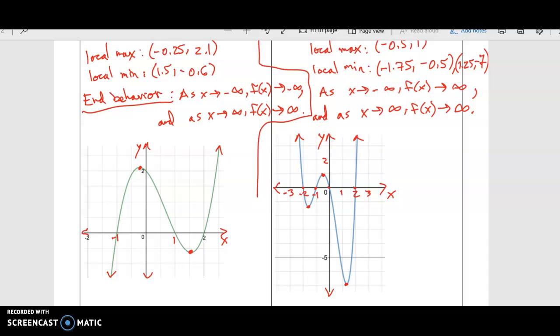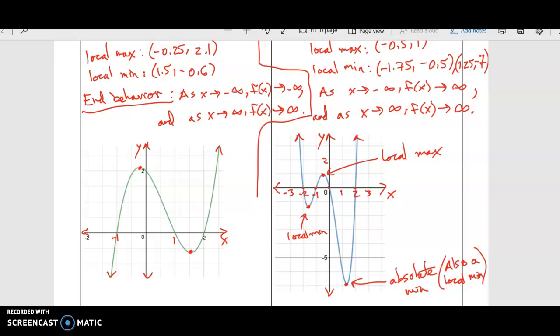Now, we talked about local extrema, so that's a local min. That's a local max. That's a local min, but it's also an absolute minimum.